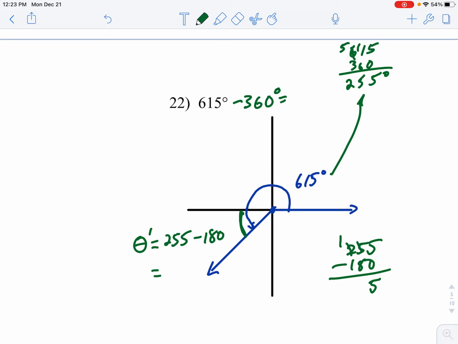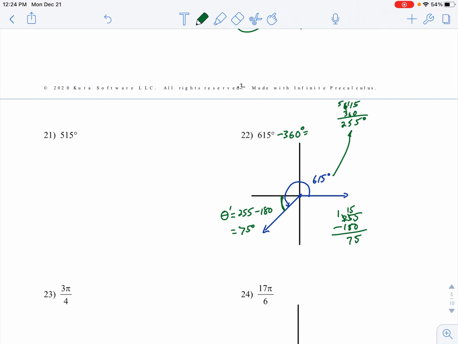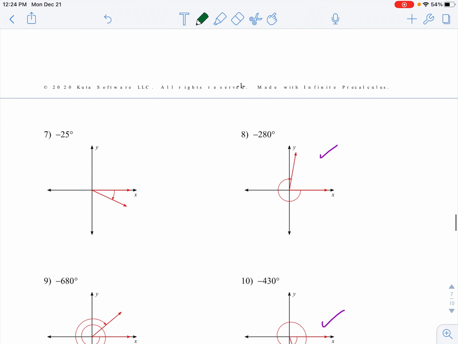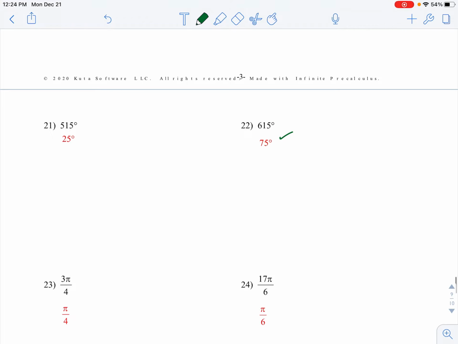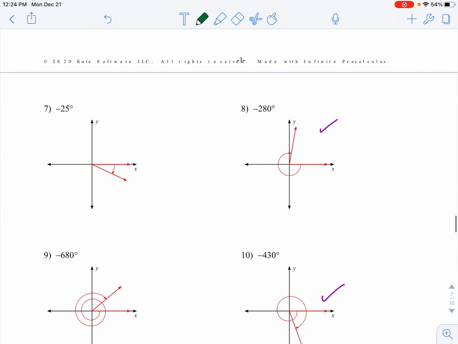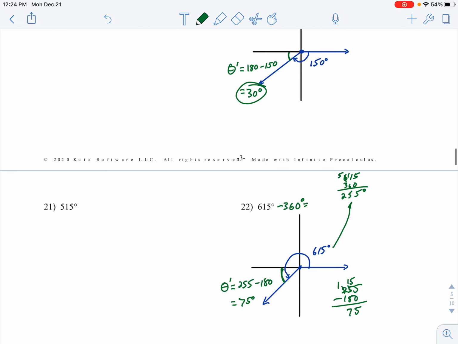Borrow from here, make that a 15. 15 minus 8 is 7. 75 degrees is my reference angle. And, oh, actually, we checked this before I started, right? I forget. Was it supposed to be 75? Yes, it was. Excellent.